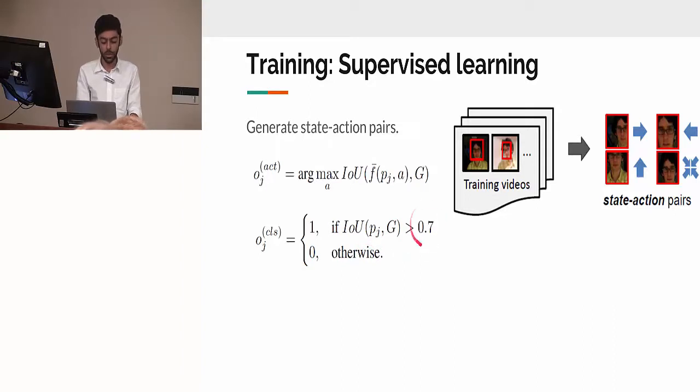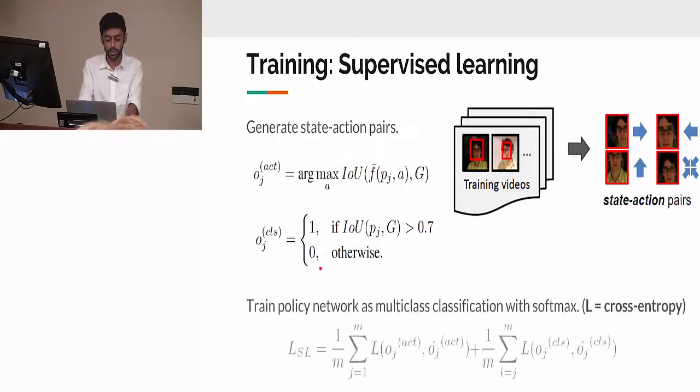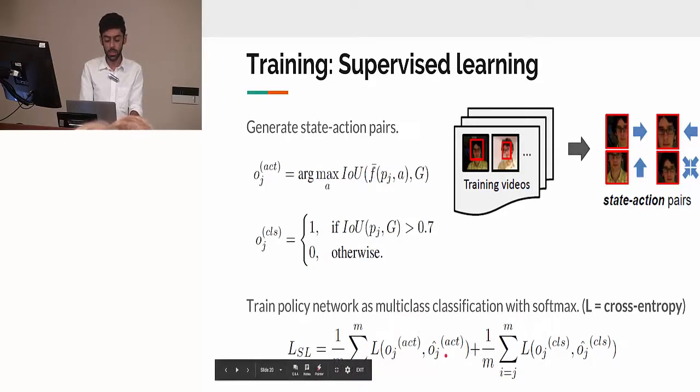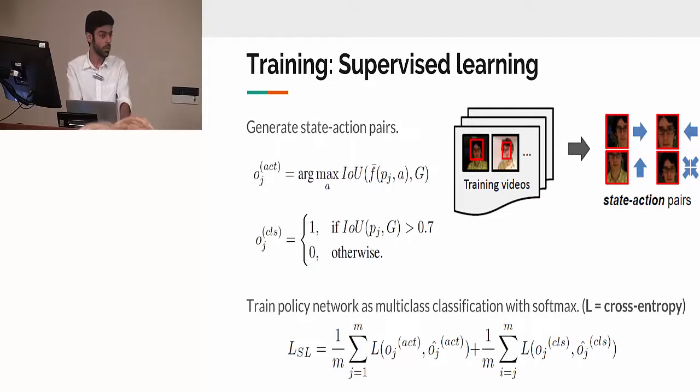If it's above 0.7, we assume it as the object, otherwise it's going to be background. And the network is trained by adding these 2 terms, which are basically the actions and the classification loss functions. The loss functions are cross entropy, and an average of them is added to each other for training the network in a supervised manner.